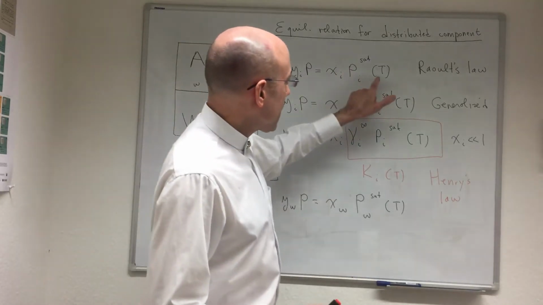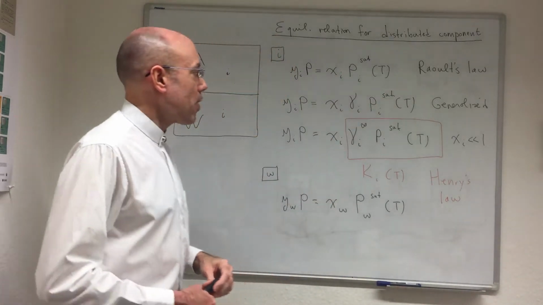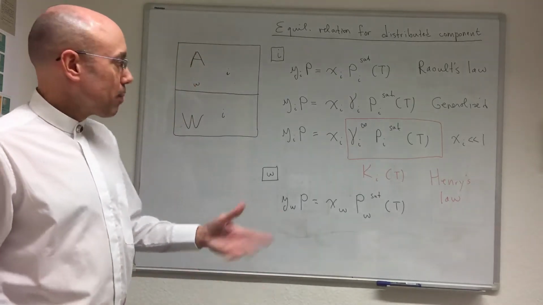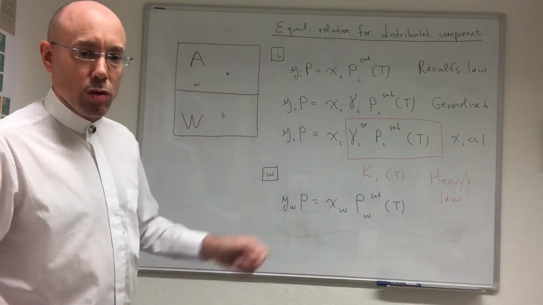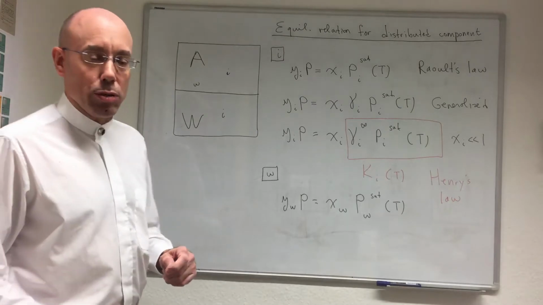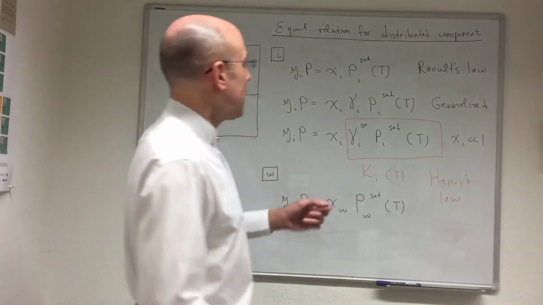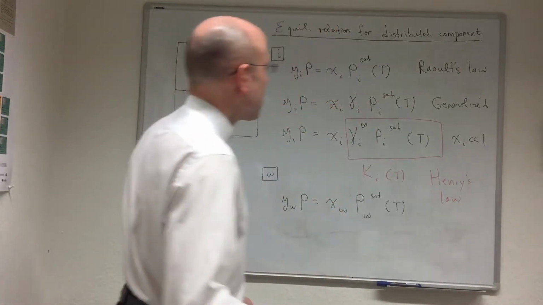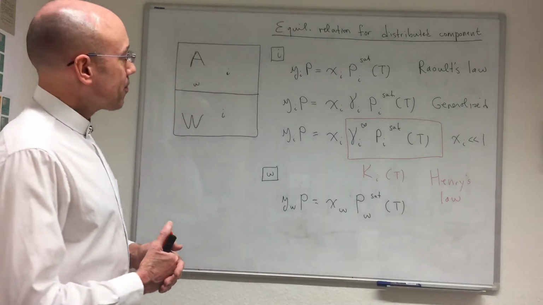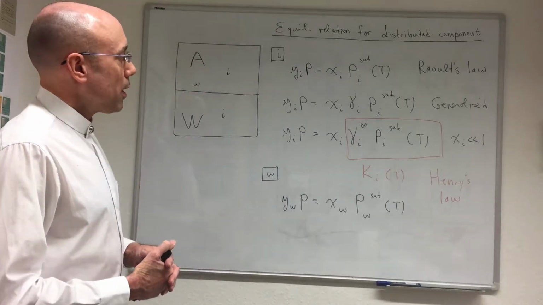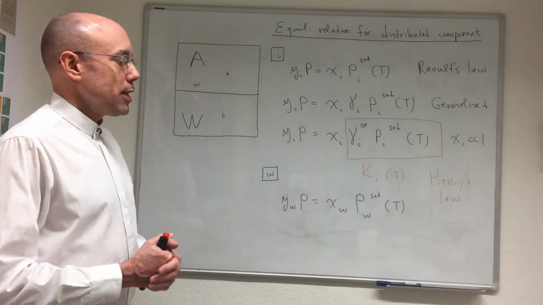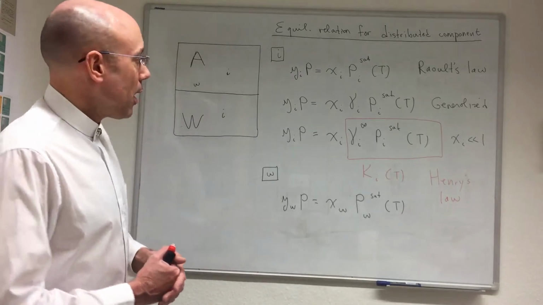I say P_i^sat(T) because the saturated vapor pressure depends on what the temperature is. So here, if we're doing this at room temperature, you'd look up the vapor pressure of I, ammonia, say, at room temperature. So that's Raoult's law, and that works in cases where the liquid solution is an ideal solution.